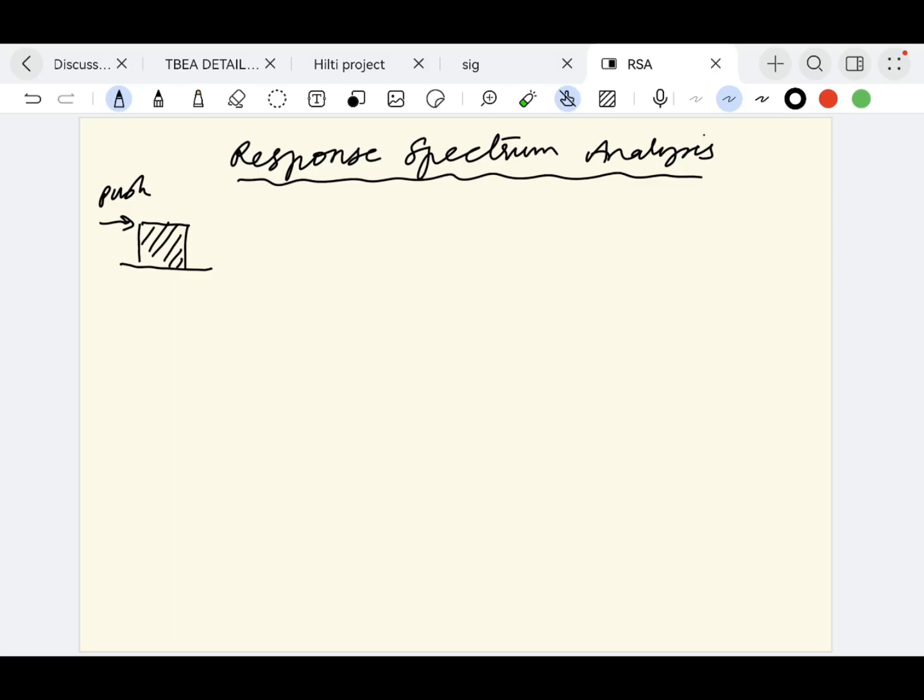When it is vibrating freely, the time period at that time is called natural time period. The time needed by a structure to complete a free vibration cycle is called natural time period.